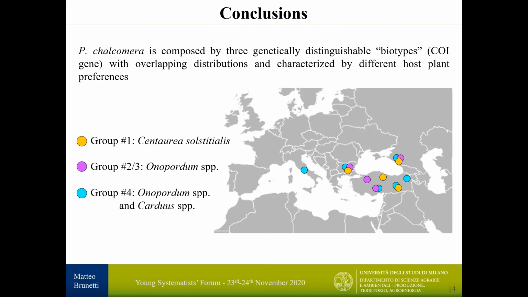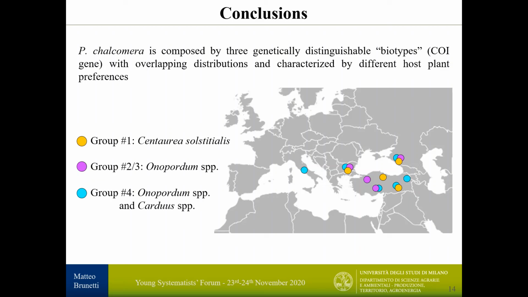So, resuming what we know, Psylliodes chalcomera is composed of at least 3 genetically distinguishable biotypes that have highly overlapping distributions and are characterized by different host-plant preferences. Group 1 is associated to Centaurea solstitialis.